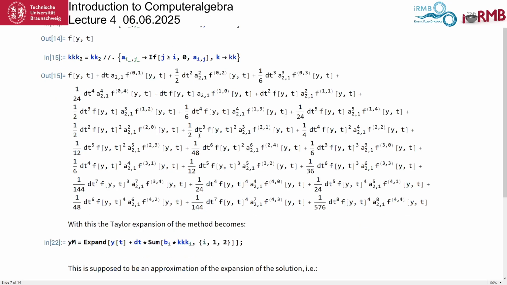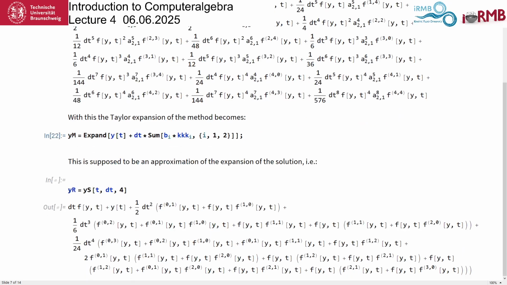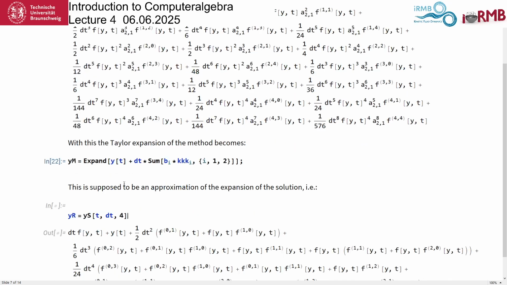We make them match. Here we get this, so we have one as ym and the other one as yr.